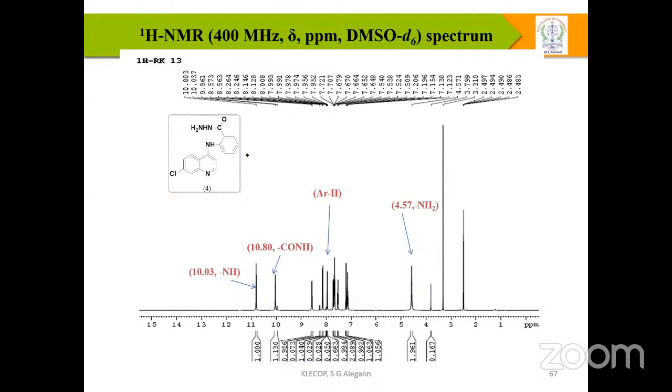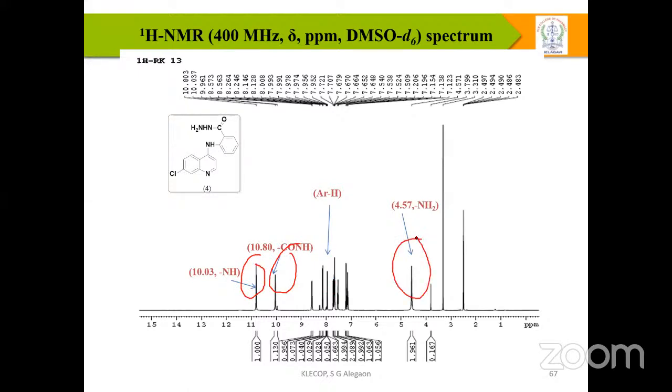We got very good vanishing of the methyl ester and formation of NH2 primary amine, along with secondary amine. That is one characteristic of amide, one characteristic of secondary amine, and one characteristic of primary amine.